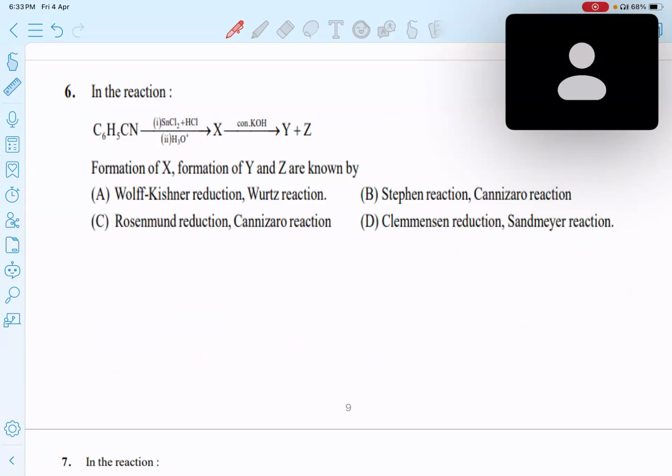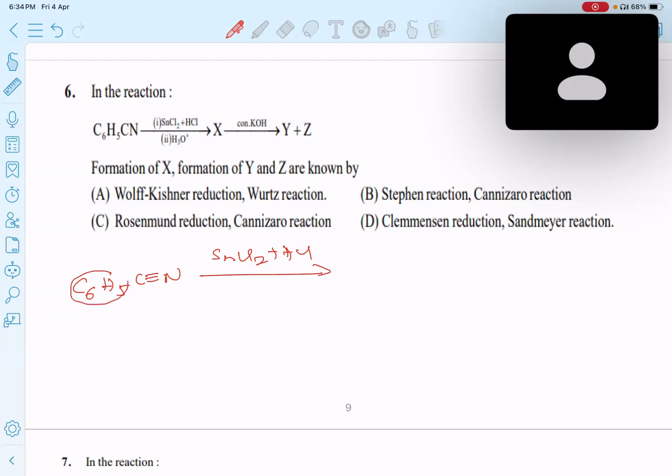First, when nitrile C6H5CN is treated with stannous chloride, SnCl2, in the presence of HCl, nitriles are reduced in the presence of stannous chloride and HCl. So the nitriles are reduced to an imine product.